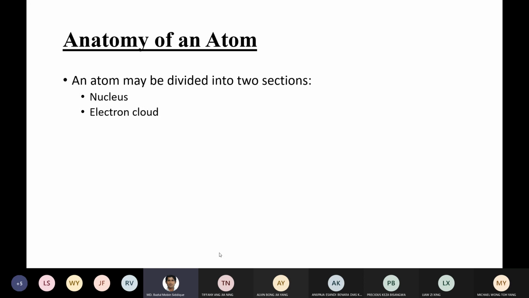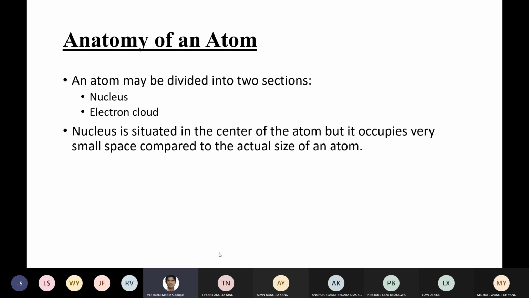The nucleus is at the center, and it is very small compared to the whole size of the atom, and it is very dense. Almost all the mass of an atom is in this nucleus, not because of its size, but because of the nucleus itself. So you can imagine how dense it is.